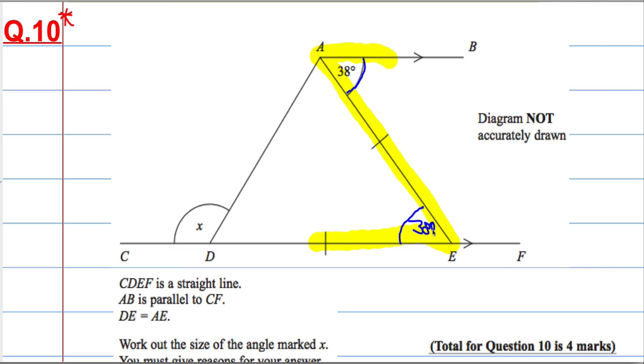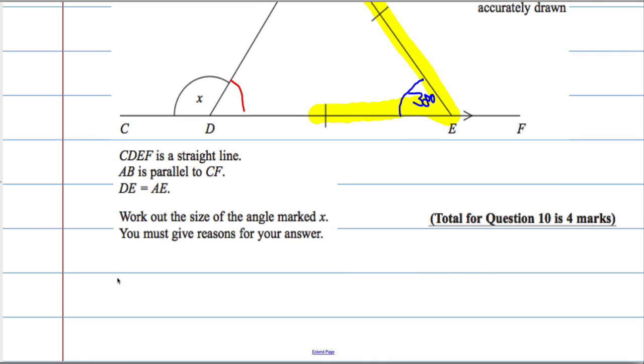And because that's 38, and this is an isosceles triangle, these two angles, which I'll mark in red, must be the same because it's isosceles. So 180 take away 38 will equal 142 degrees.